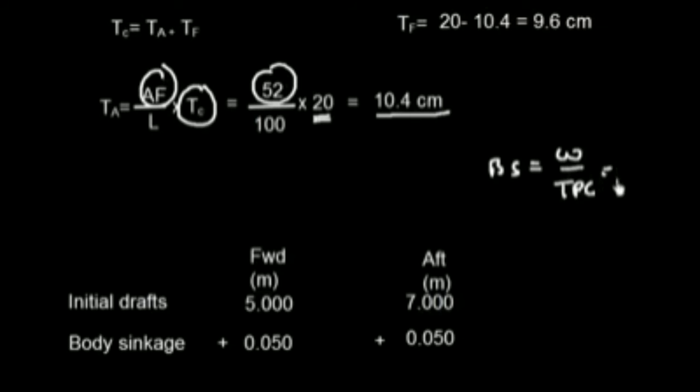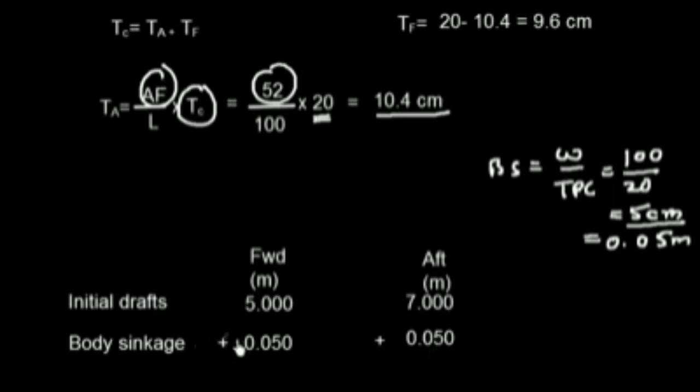The W was 100 ton and the TPC was 20, which gives me 5 centimeter. And after converting this 5 centimeter into meter, I need to divide by 100, and I get 0.05 meter.